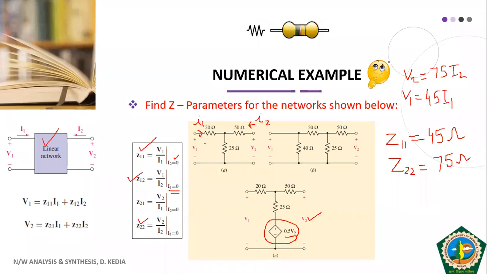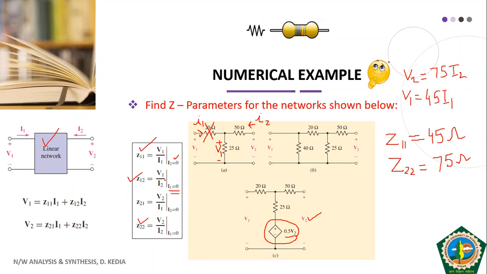It means there will be no voltage drop here. That means this V1 will come across this 25 ohm resistance, because there is no voltage drop here. In a way, you can say that this resistance is no longer existing. So this V1 comes here.